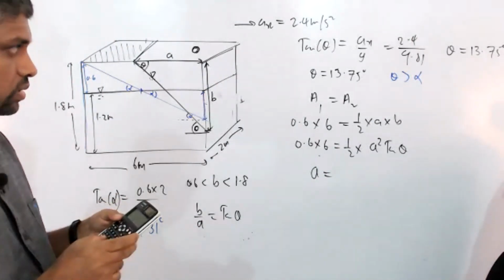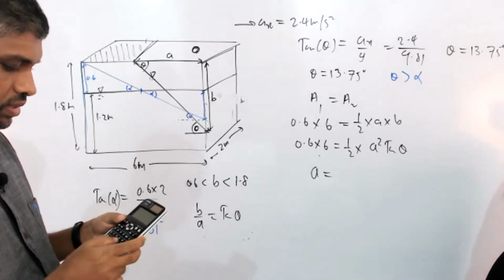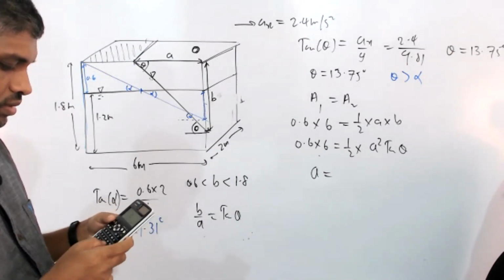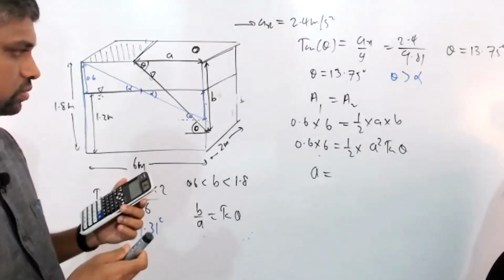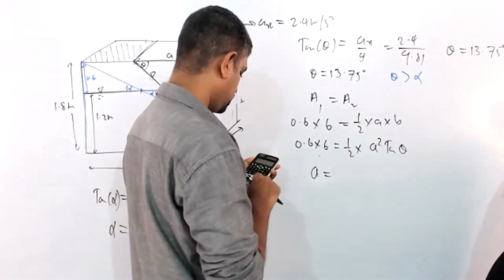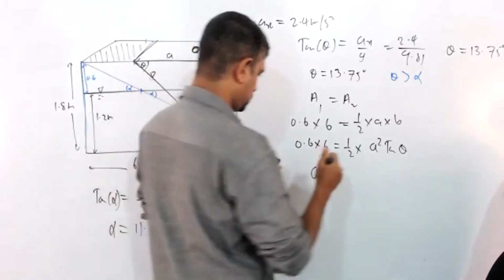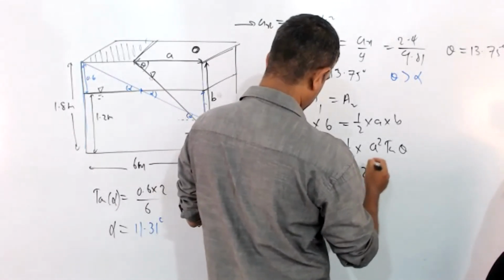Tan theta is 1.4 divided by 9.8. A squared comes to 29. Take the square root, 5.425.